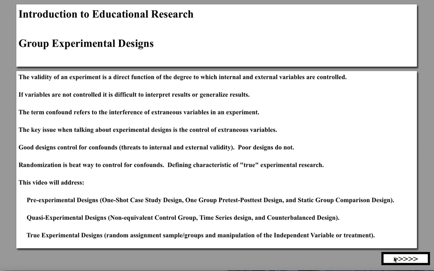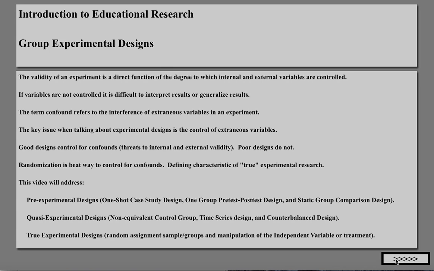So randomly select a sample, and then from that randomly selected sample, randomly assign individuals to treatment or control groups. And the other characteristic is the manipulation of the independent variable, deciding who goes in. This is the control group and this is the experimental group.